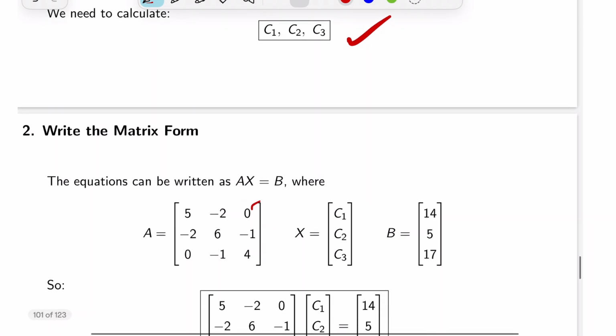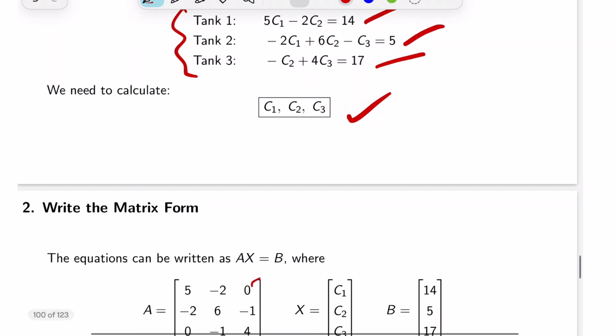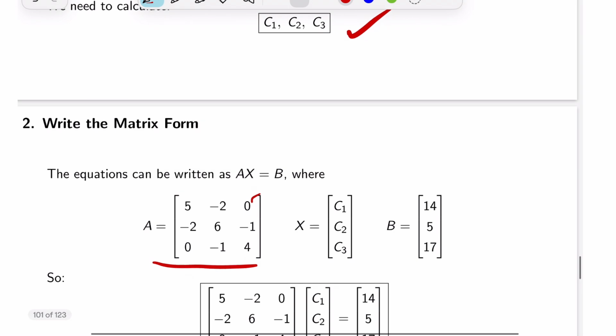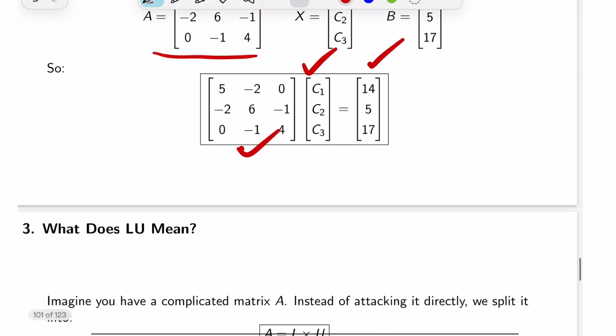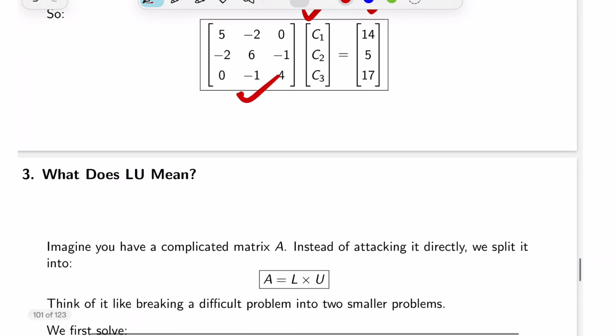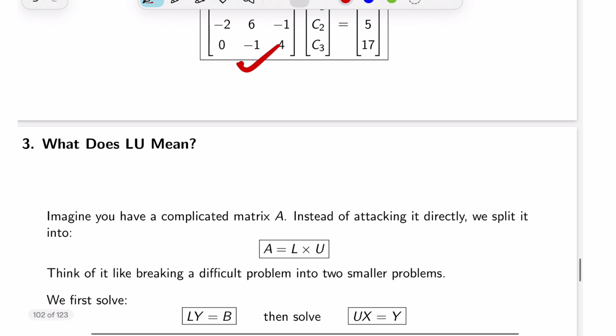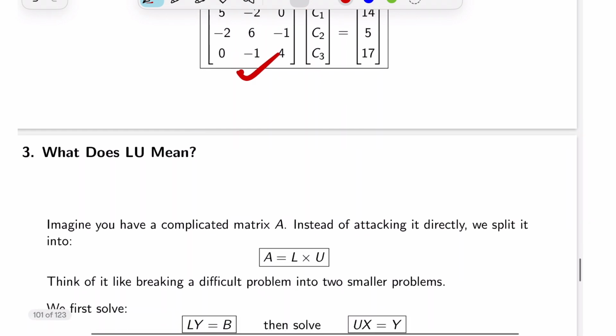These are the A, your coefficient matrix, X is the unknown C1, C2, C3 and B is the right hand side constant matrix 14, 5 and 17. So here we have the total system: the coefficient matrix, unknown and constant matrix. Based on that we'll apply the LU decomposition method and we'll find the unknowns.